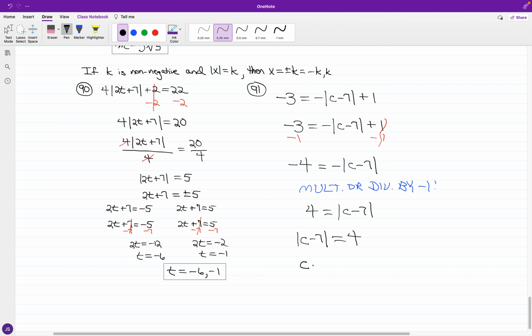Once I remove the absolute value bars, c minus 7 will be equal to those numbers 4 units away from 0, those numbers being positive and negative 4. So for the possible values of c, we will come from setting c minus 7 equal to negative 4, as well as c minus 7 equal to 4.